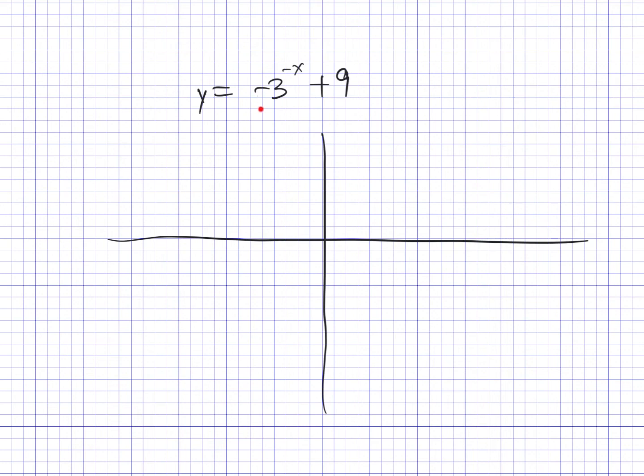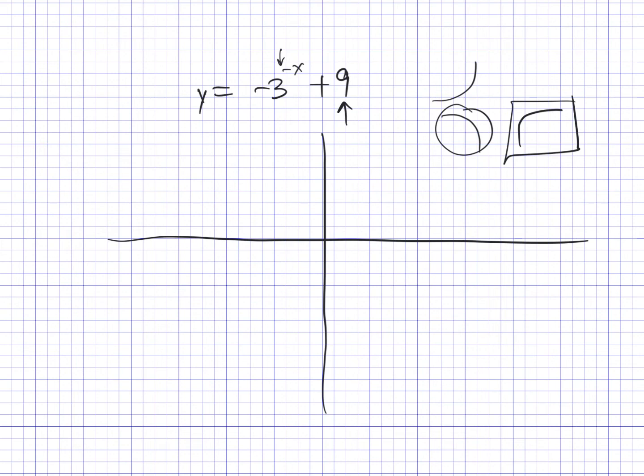But it's got a vertical reflection, so instead of going up to the right, it's now going to go down to the right. But then I see a horizontal reflection, so I take this and flip it horizontally. So this is the shape of your curve.